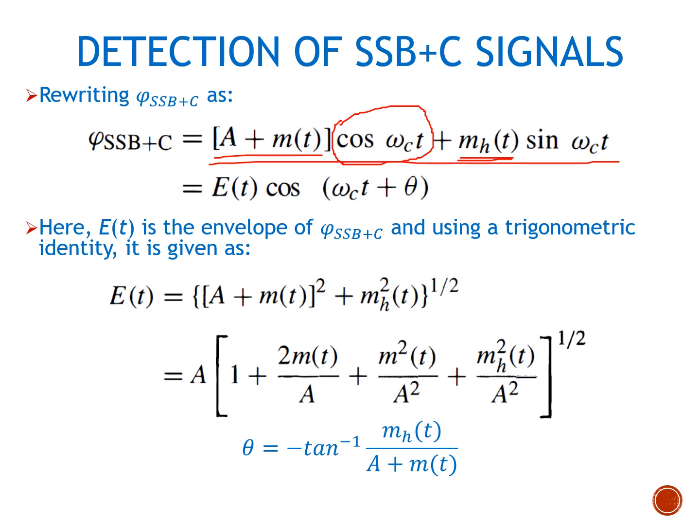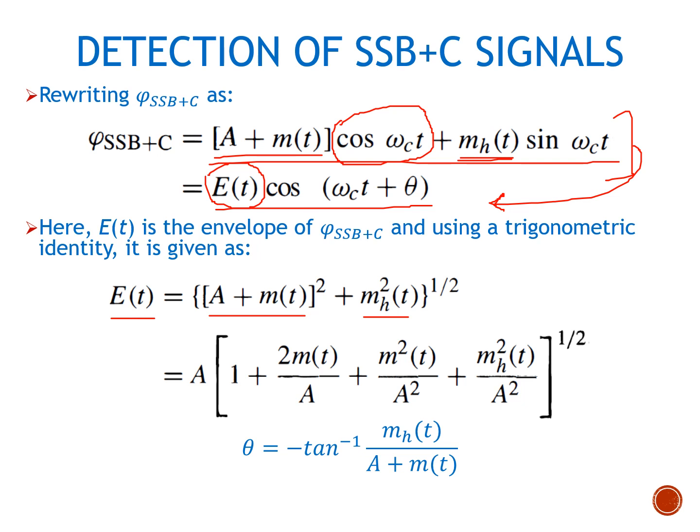Now, by using a trigonometric identity, we can rearrange this signal into this expression, where this E(t) can be extracted from the real and imaginary part of this expression by using this mathematical relation.